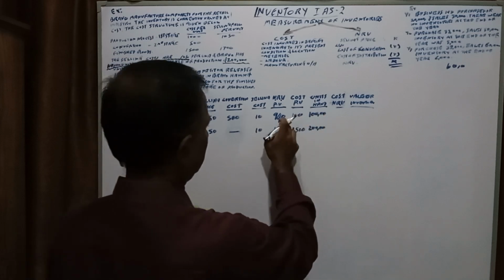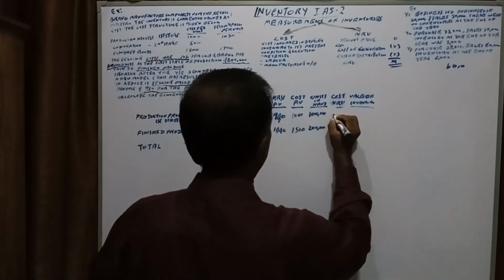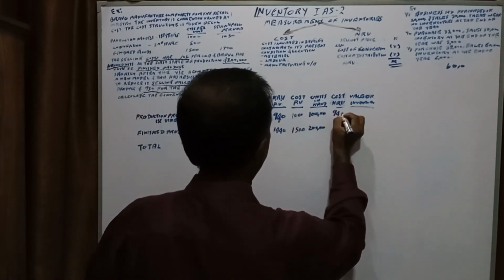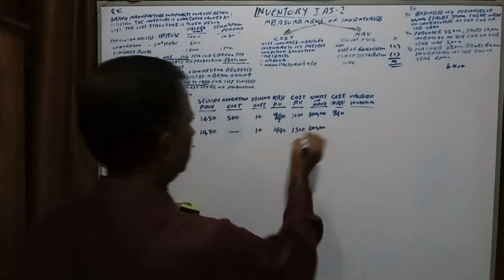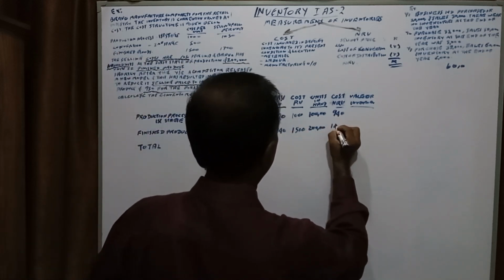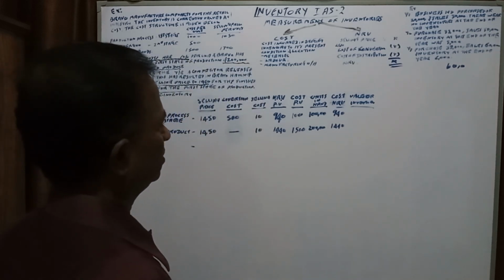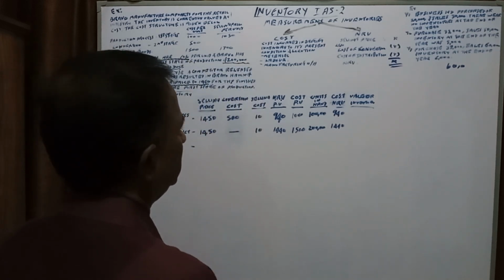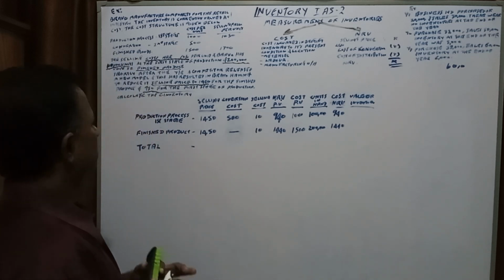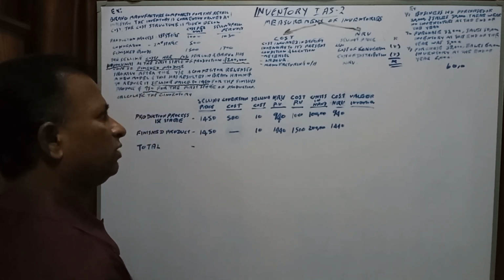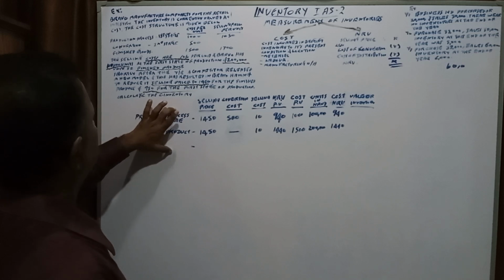So here we have 940 and 1440, right? But here we would have calculated at year end.